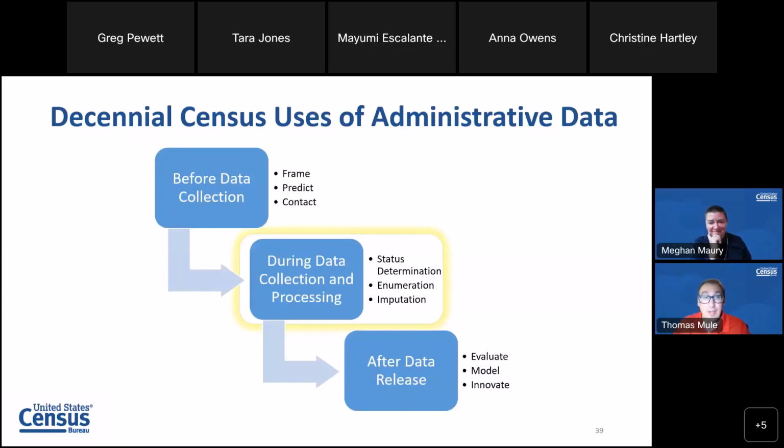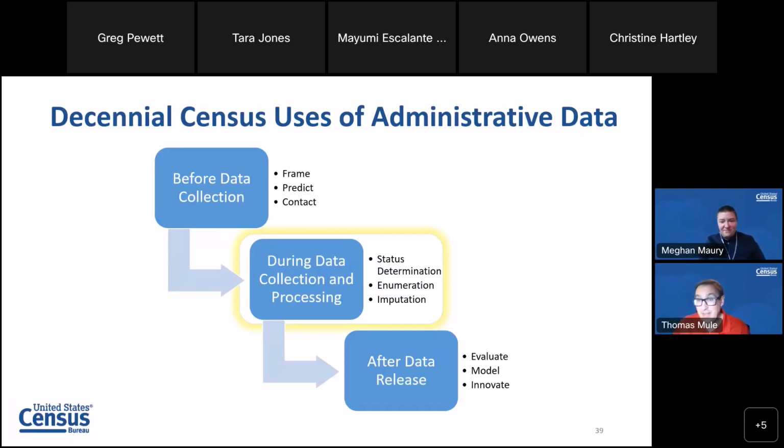So today I'd like to talk about the decennial census use of administrative data during our data collection and processing phase. I'd like to spend some time going over 3 areas where we were able to do this during the 2020 census. One of them was when we were able to identify vacant or non-existent addresses, those that did not meet our definition of a housing unit.